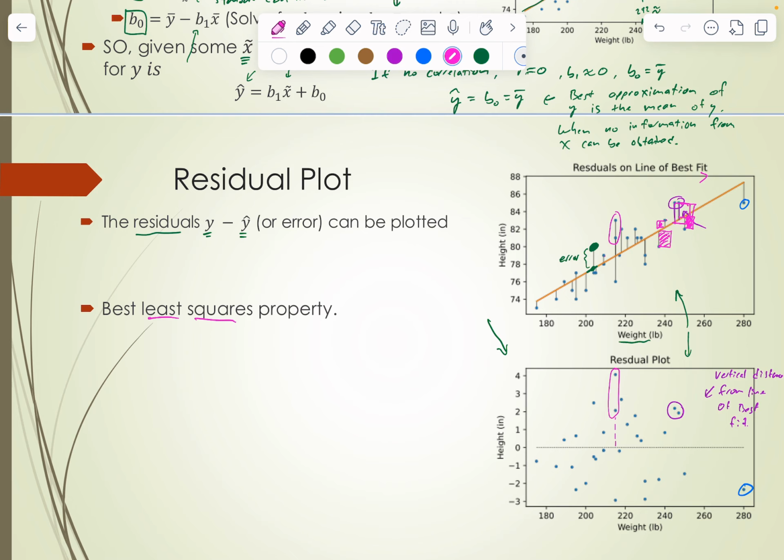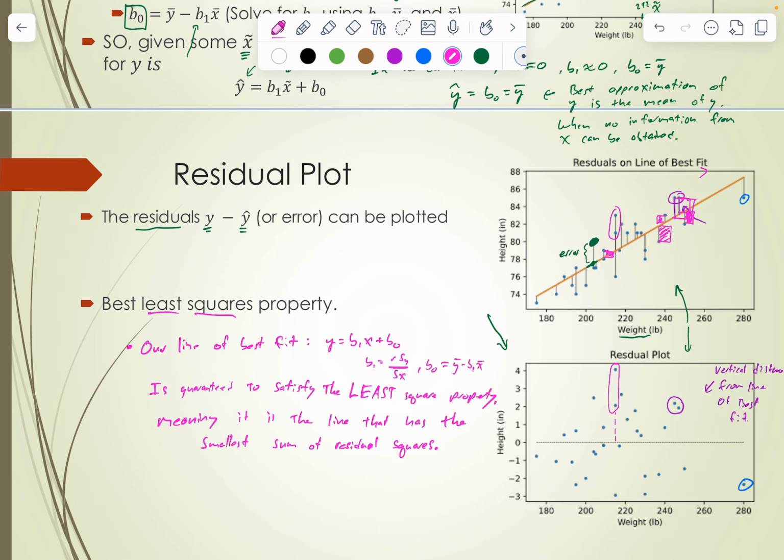But our line of best fit that I just gave you from above is guaranteed to satisfy the least squares property, meaning it is the line that has the smallest sum of these residual squares here. And so that's a good way to find a line that goes right through the middle in an optimal way.